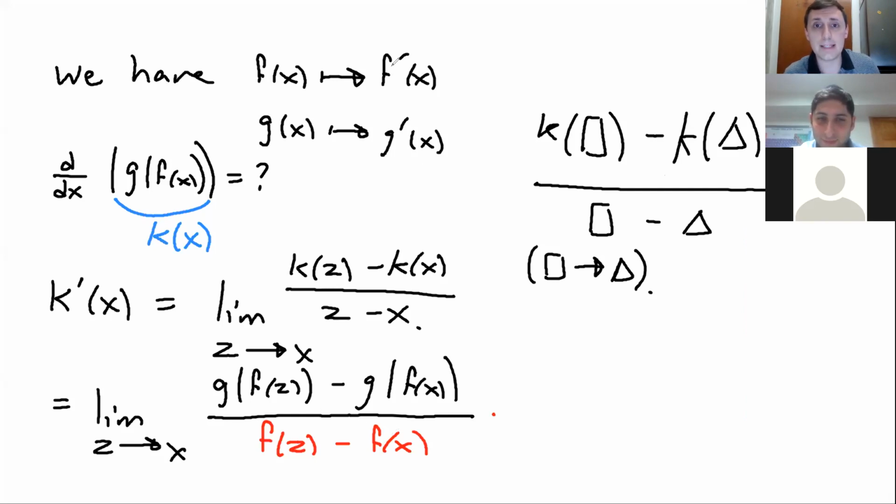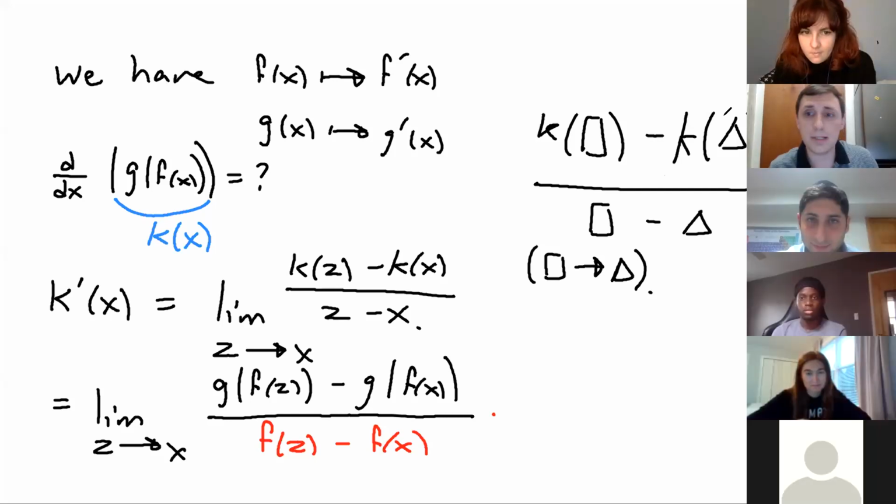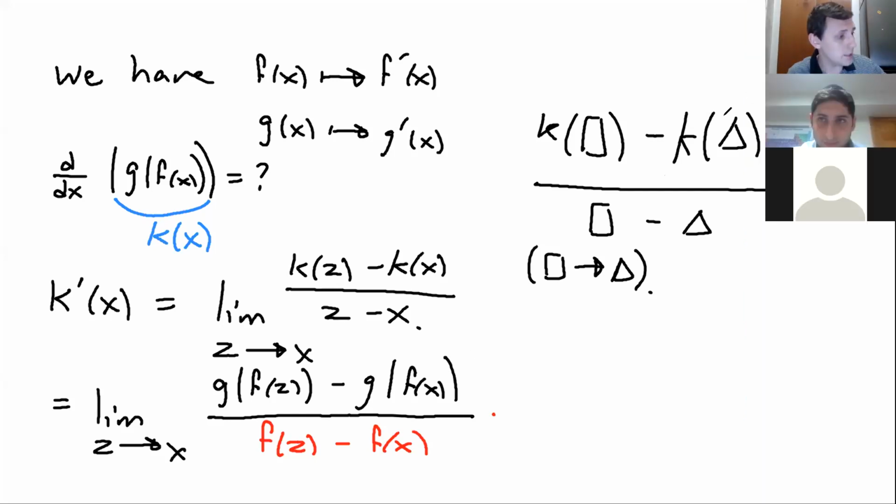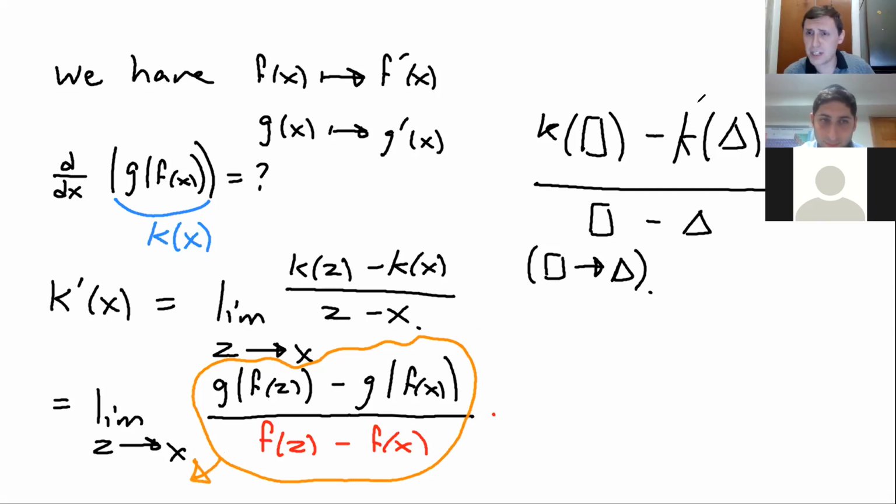So do you see why f of z minus f of x? Because if I see this expression, and let's suppress Alexandra, let's suppress Irina, and people that are not Alexandra or Irina will tell me what is this approaching? When I see this expression, I right away notice, ah, I know it.